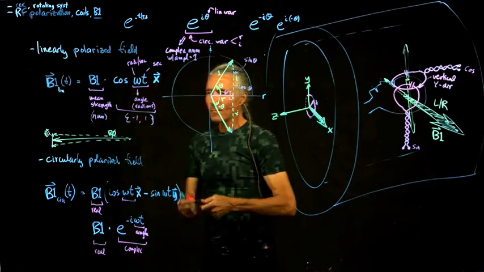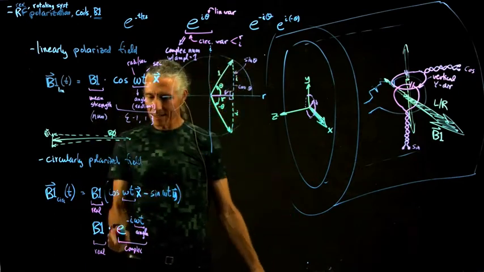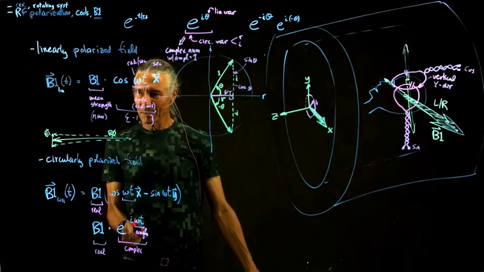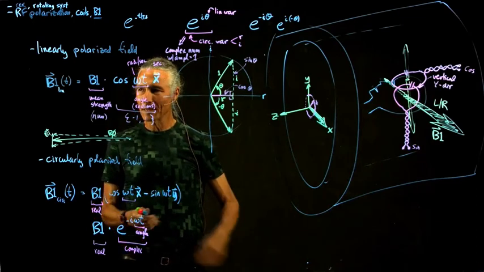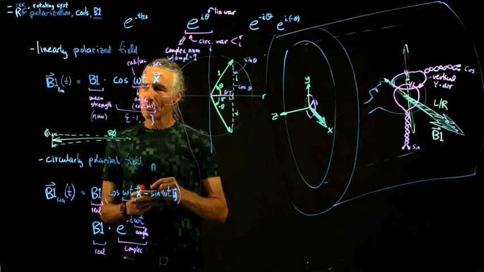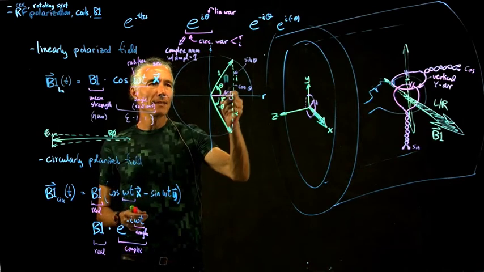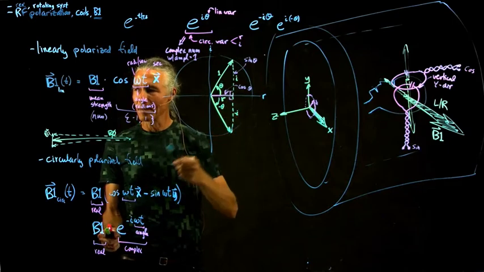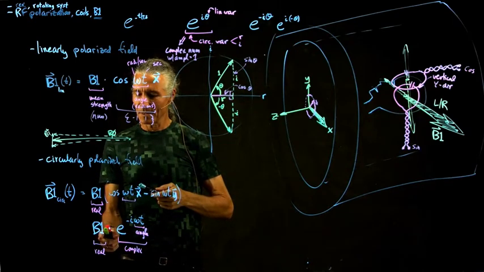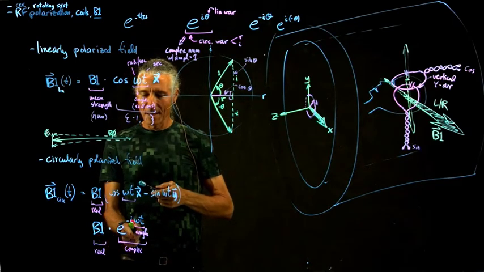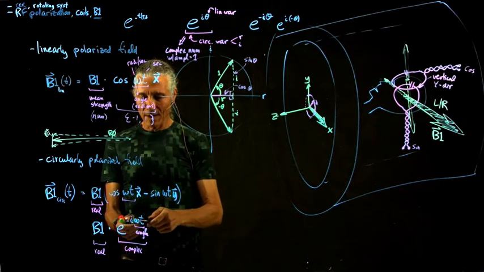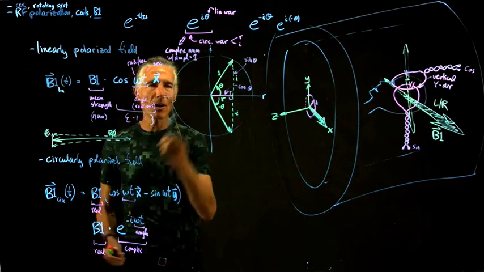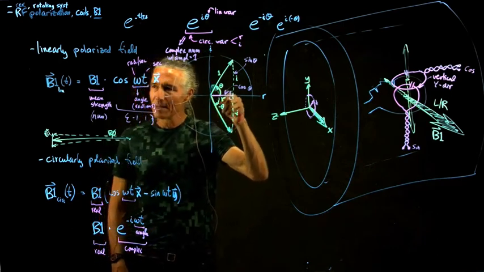So when you think back to what complex multiplication does, remember, you multiply the amplitudes, and since the amplitude is 1, that means we're just multiplying by 1, so we're not going to change the amplitude of this real number. And then we add the angle. So whatever angle is in here, we just add it onto this two-dimensional vector.